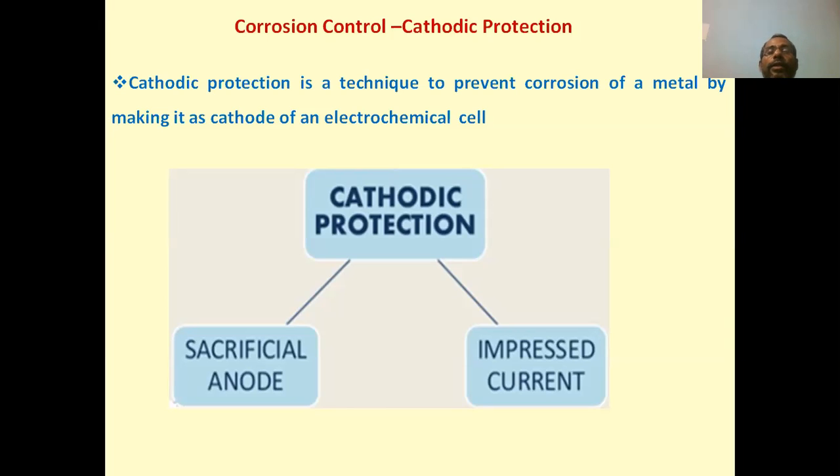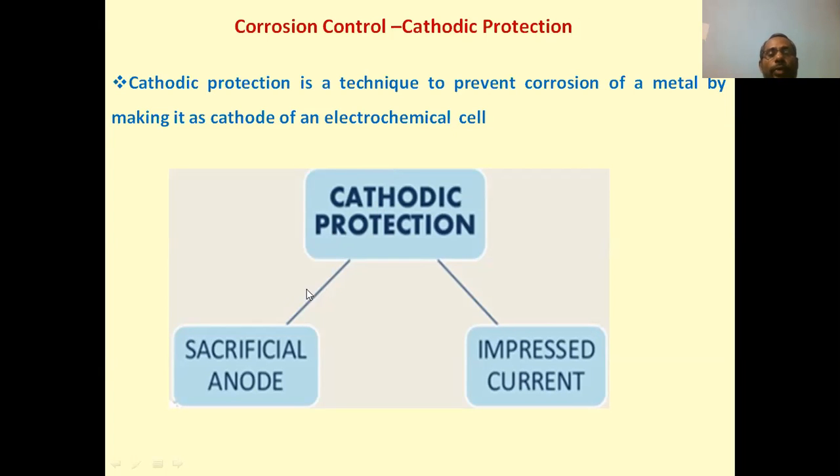That's why the principle of cathodic protection is that the metal to be protected must act as a cathode in the electrochemical cell or corrosion cell, and then the metal will be protected.